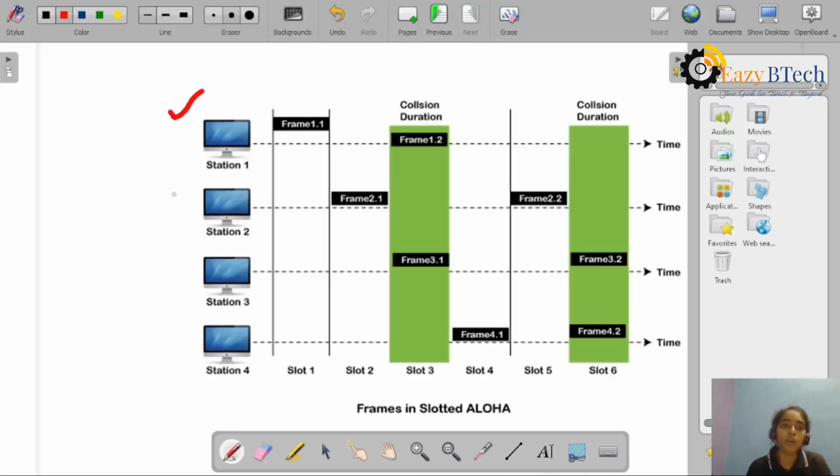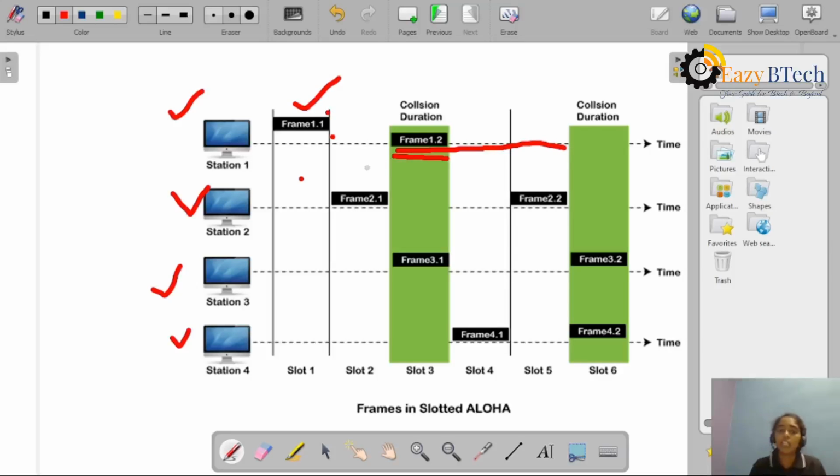So I have 4 stations using the same channel. This is the beginning of the slot. Whenever station 1 books a slot, first frame 1.1 is sent. At another slot time, another frame, frame 1.2, is sent.